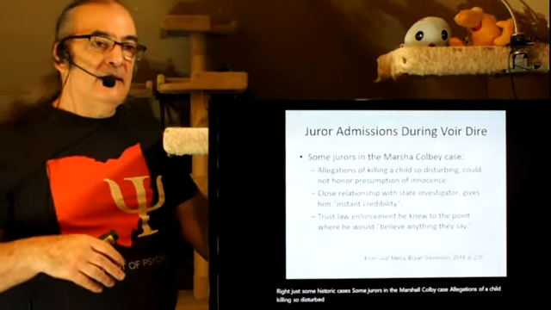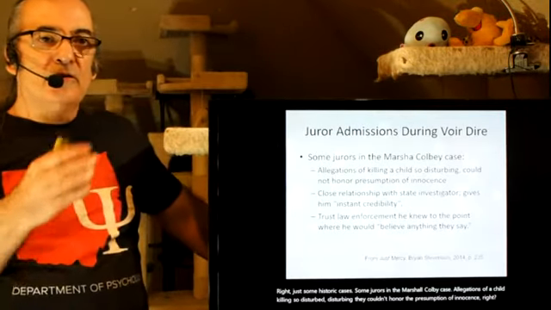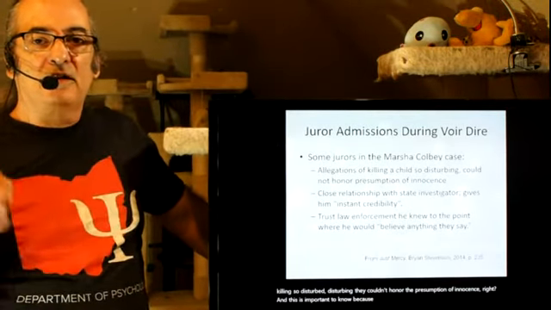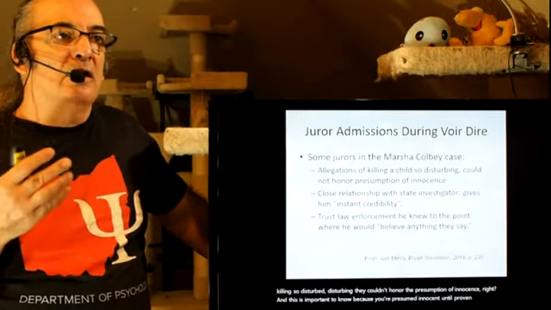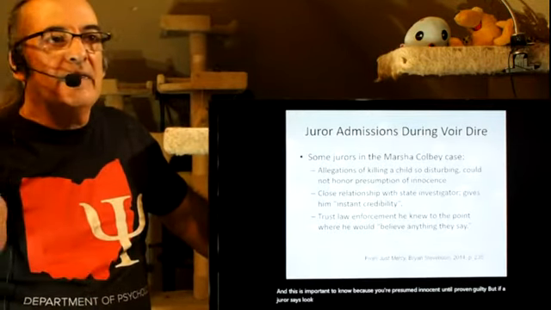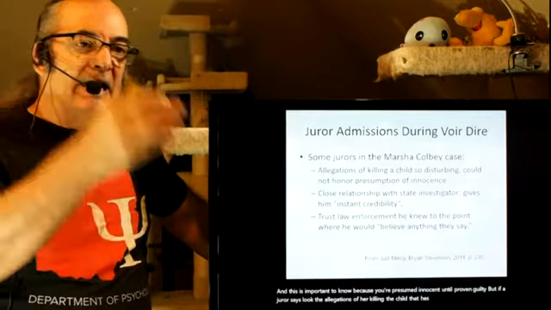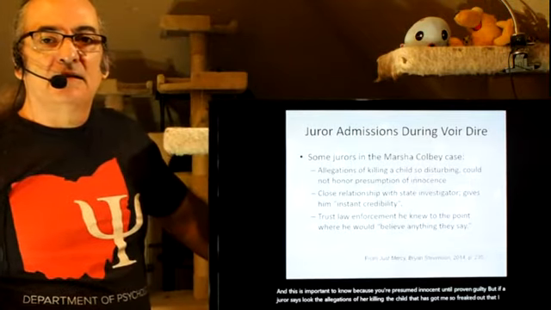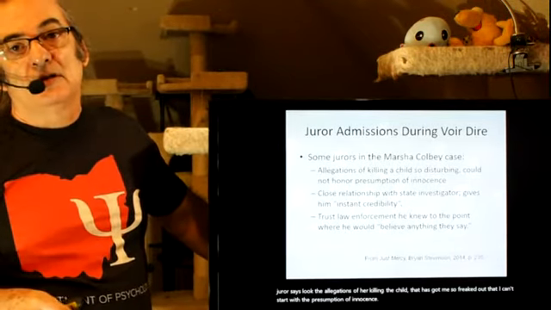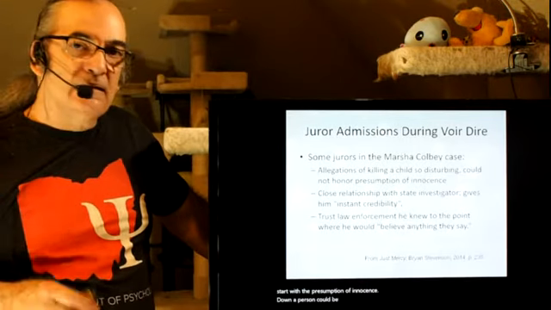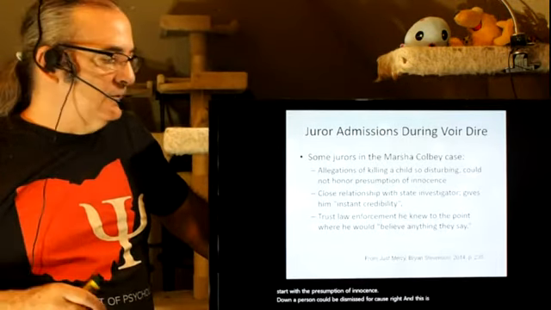This is important to know because you're presumed innocent until proven guilty. But if a juror says, the allegations of her killing the child have got me so freaked out that I can't start with the presumption of innocence, then that person could be dismissed for cause. And this is why the jurors are interviewed.